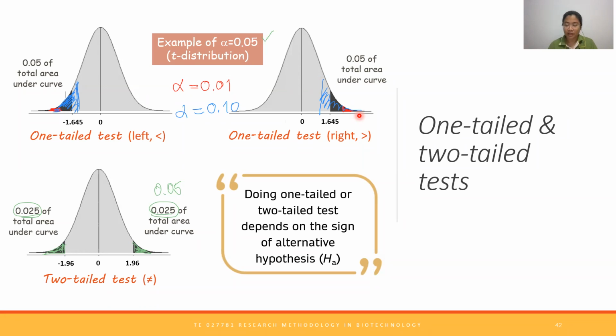Now, doing a one-tailed or two-tailed test depends on the alternative hypothesis.